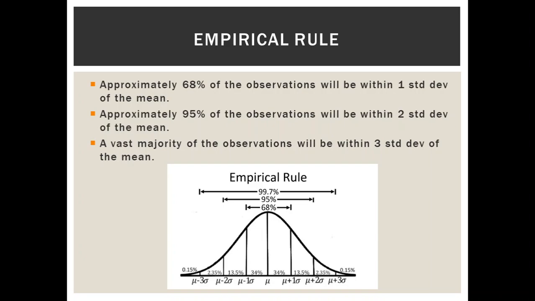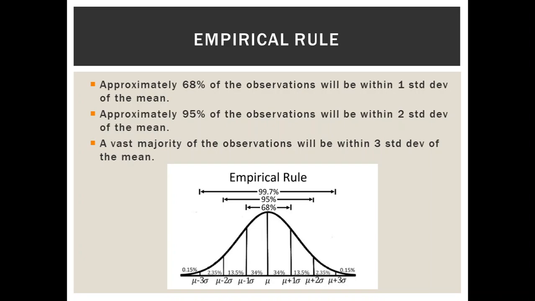What the empirical rule says is, if your data is normally distributed, it's not very abnormal, you don't have a lot of outliers, you have done a little data sanitization and your data is normally distributed, then 68% of your data should be within plus or minus 1 standard deviation from your mean. That means if my mean is 6, it should be either on the 5 or on the 7. 68% of my population should be within plus or minus 1 standard deviation of my mean.